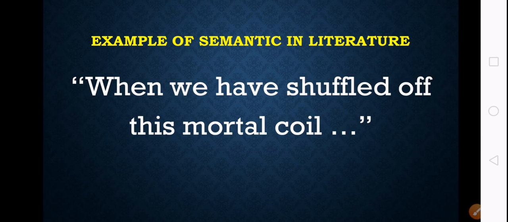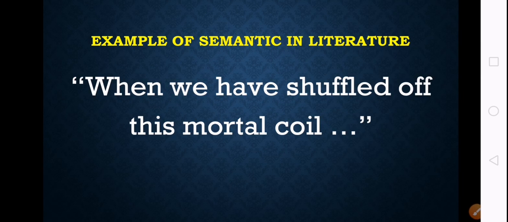I also have an example of semantics in literature. In the famous soliloquy of Prince Hamlet, To Be or Not to Be, William Shakespeare used a word that we use quite differently these days.